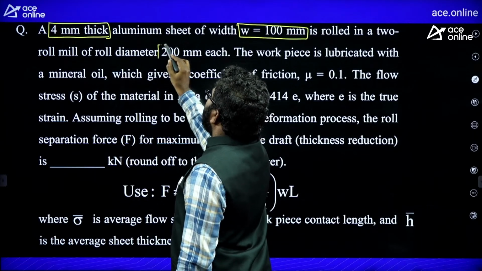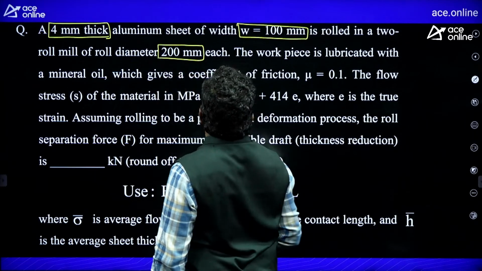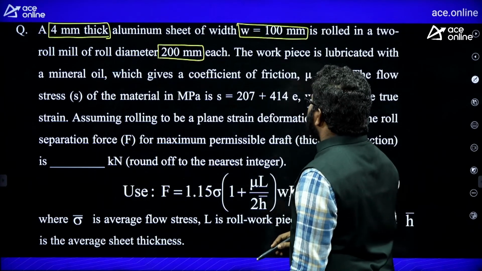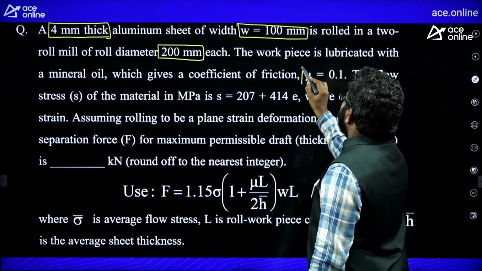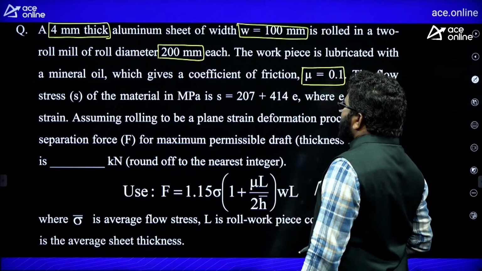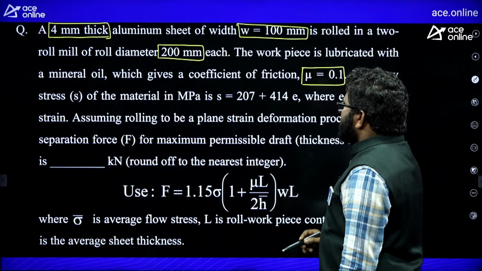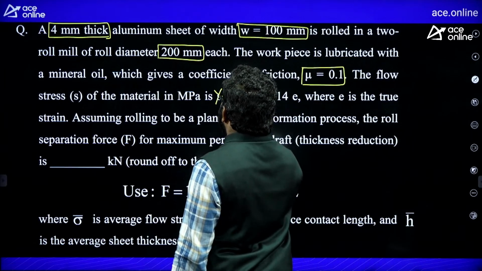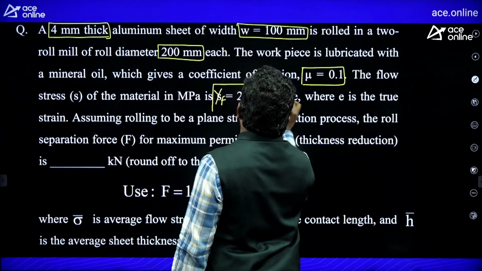The workpiece is lubricated with a mineral oil which gives a coefficient of friction, mu, of 0.1. Remember, the flow stress of the material in megapascal is given. I will consider it as YF.